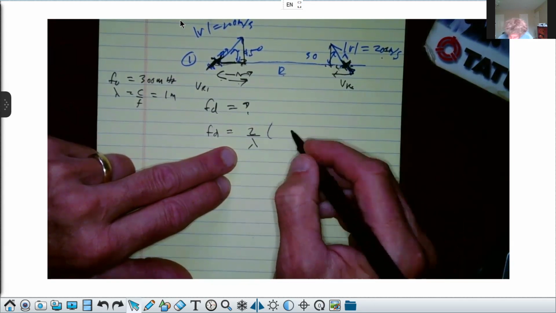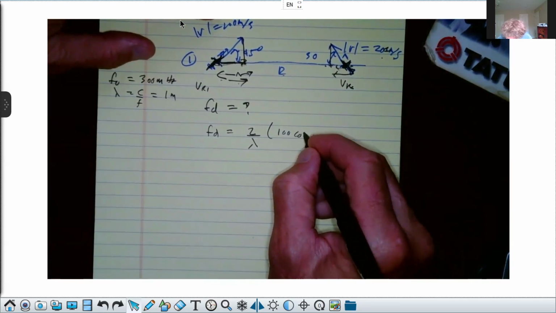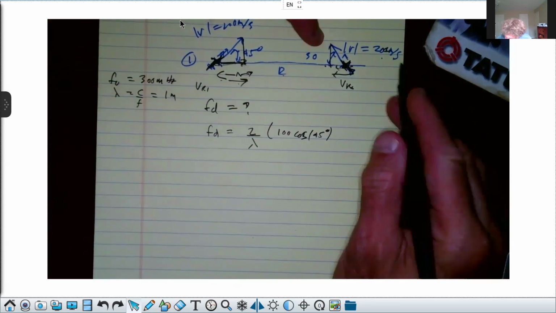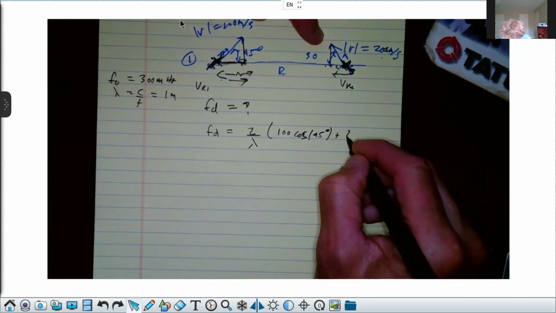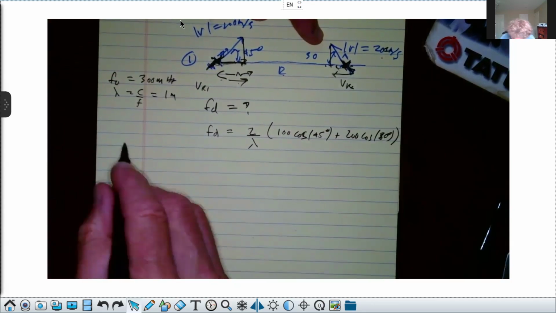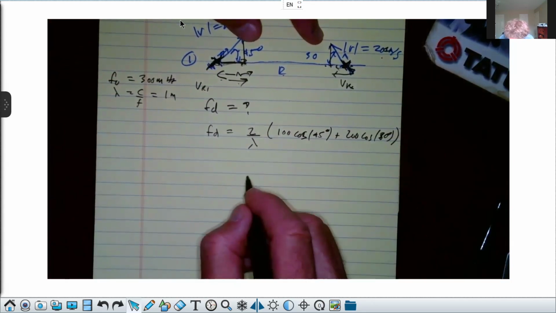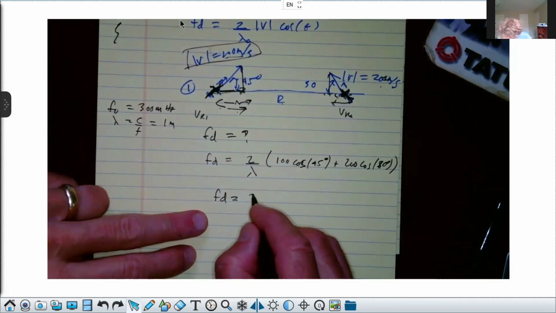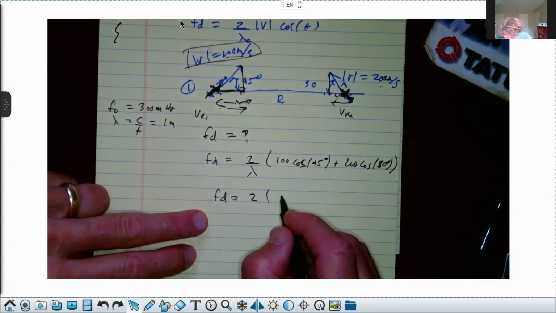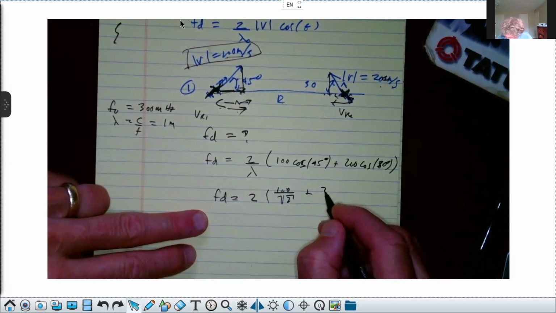For this case, it's going to be V1, or 100, times cosine of 45 degrees. For this one, I had 200, so it's plus 200 times cosine of 30 degrees. And if you put a wavelength of 1 meter down there, and you add these up, you get a Doppler shift. It's really 2 times, well, the cosine of 45 is 1 over square root of 2, so it's 100 over the square root of 2, plus 200.